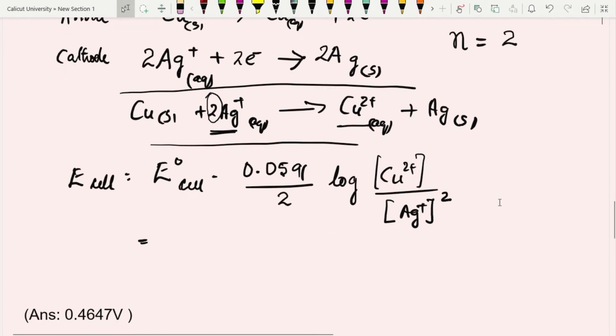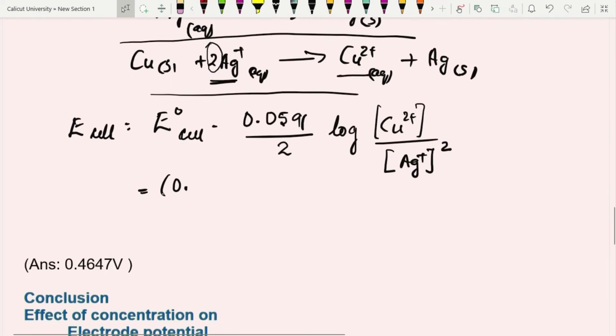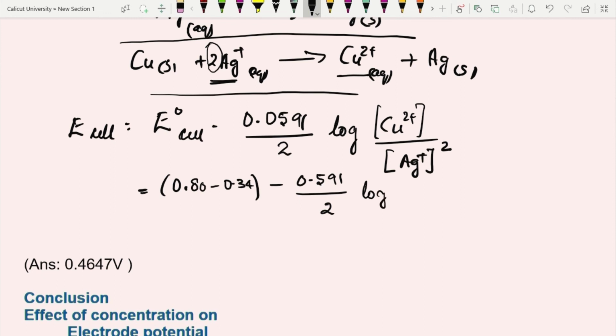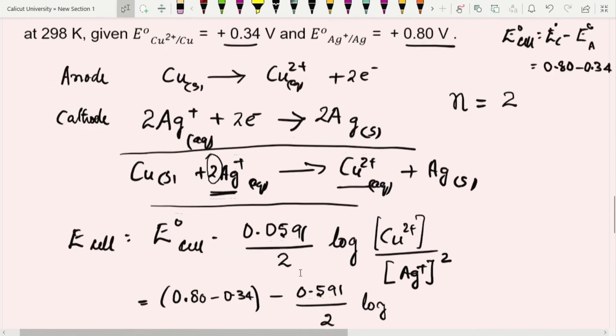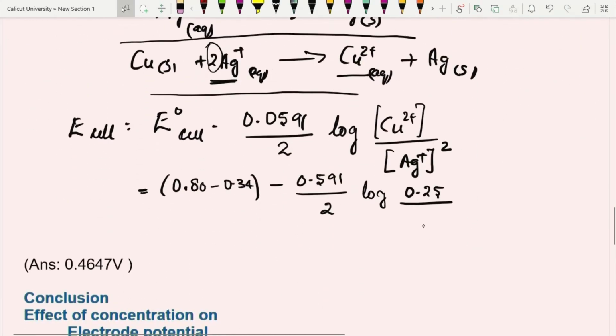So, I will substitute that here, 0.80 minus 0.34, minus 0.0591 divided by 2 log of the concentration of copper 2 plus, which is given as 0.25, and that of silver is 0.6, therefore, that is 0.6 whole square.